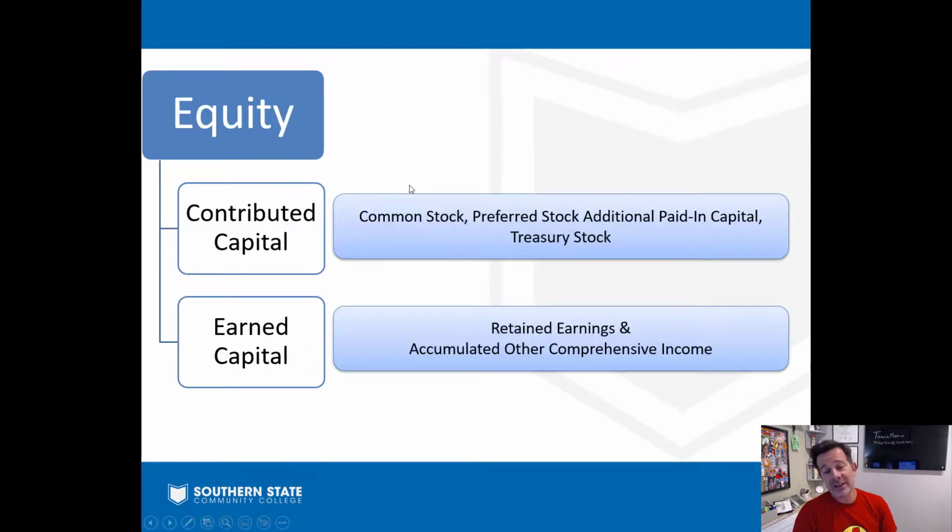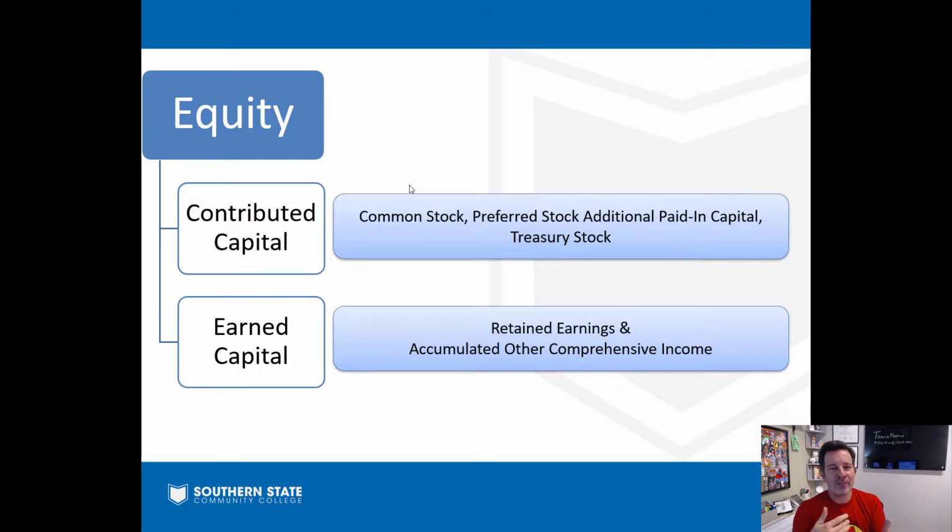We got equity, our final category, broken up into two components, contributed capital and earned capital. Contributed capital is all those transactions with the shareholders, common stock, preferred stock, additional paid-in capital, and treasury stock. So if it deals with the stock of the company, that's contributed capital. Earned capital, retained earnings, right?